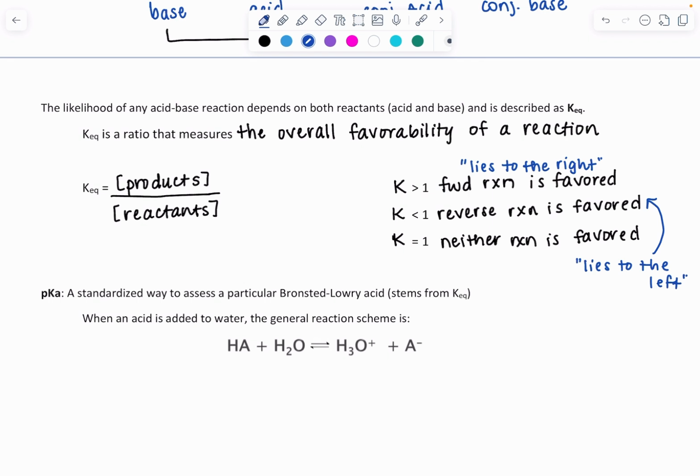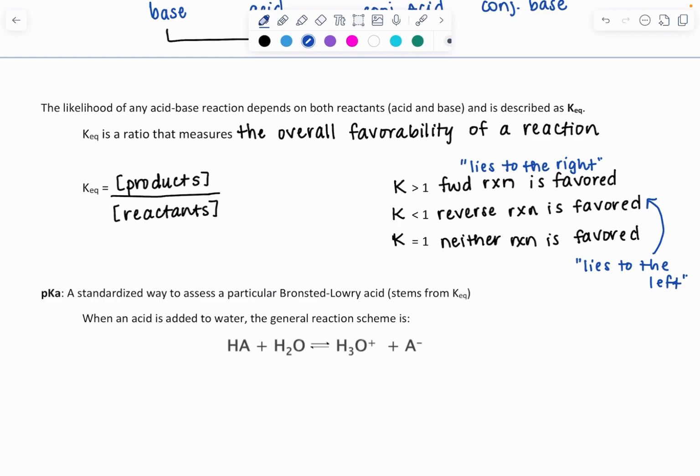For an acid, anytime it is added to water, it'll react with water to form H3O plus and A minus, where HA is just our general acid. The definition of an acid, a Bronsted acid, is that it donates a proton, so it donates to water. We get H3O plus and A minus.